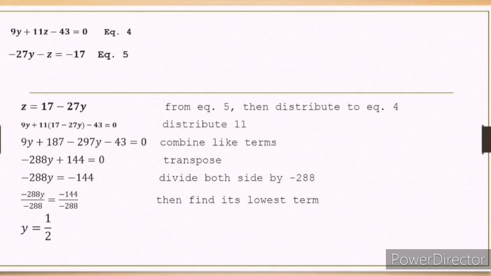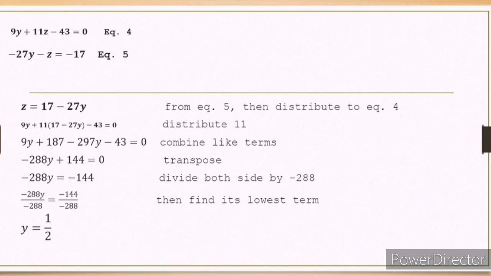Then 9y plus 87 minus 297y minus 43 is equal to 0. Now combine like terms, it will become negative 288y plus 144 is equal to 0.